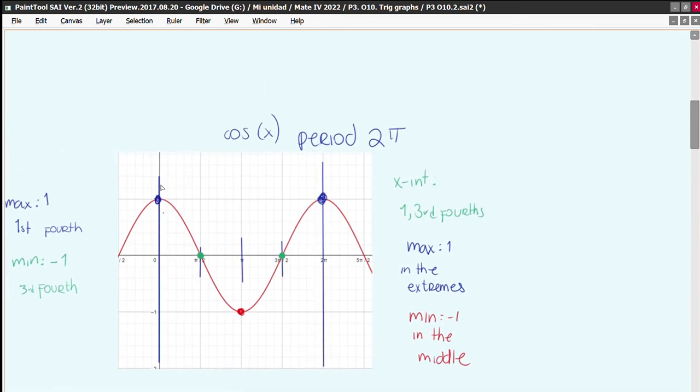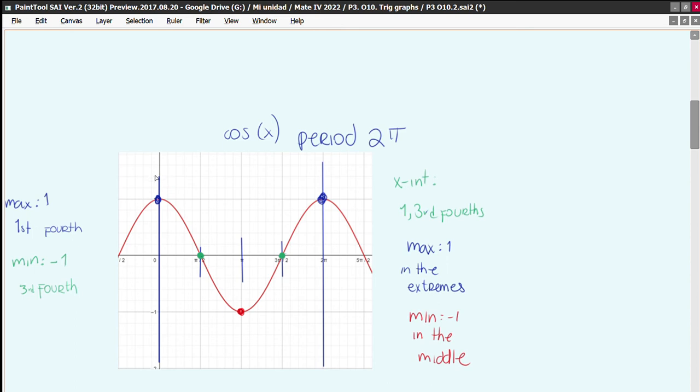So going back to cosine, it is going to obtain its maximums in the extremes of my period. It's going to have its minimum value, which is minus 1, in the middle of its period, and in the first and third fourth of my period, I'm going to have the x-intercepts, okay?